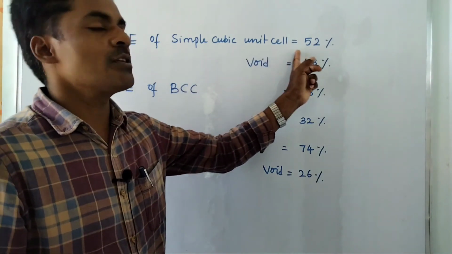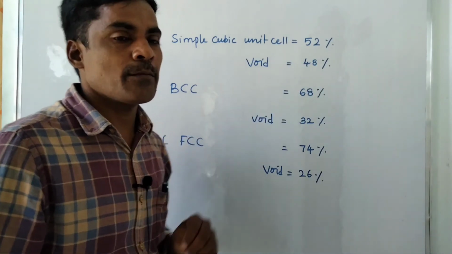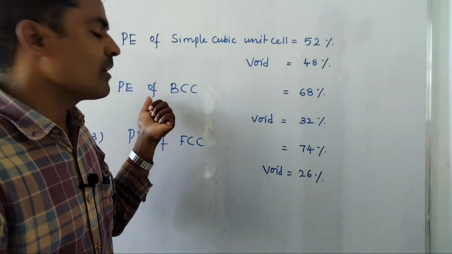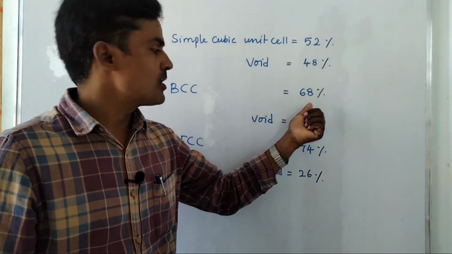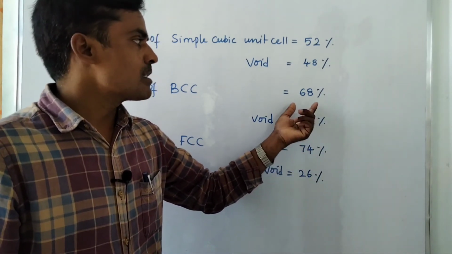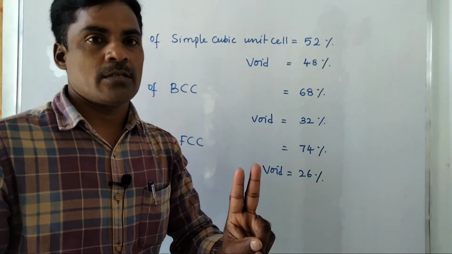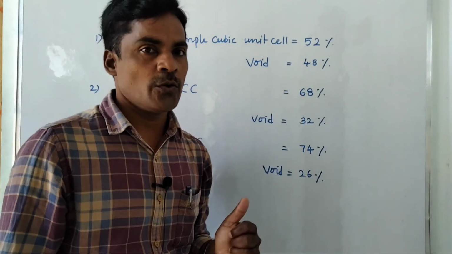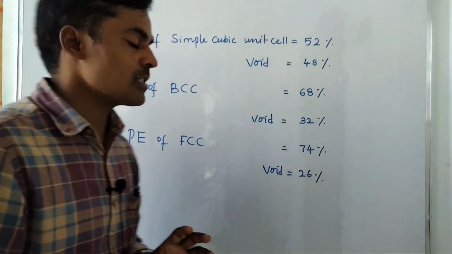For the body centered cubic unit cell, the packing efficiency is 68% and the void is 32%, meaning two atoms occupy 68% of the volume.